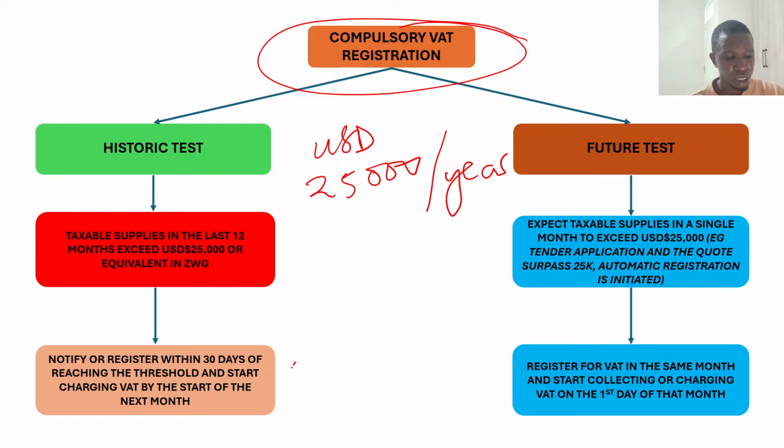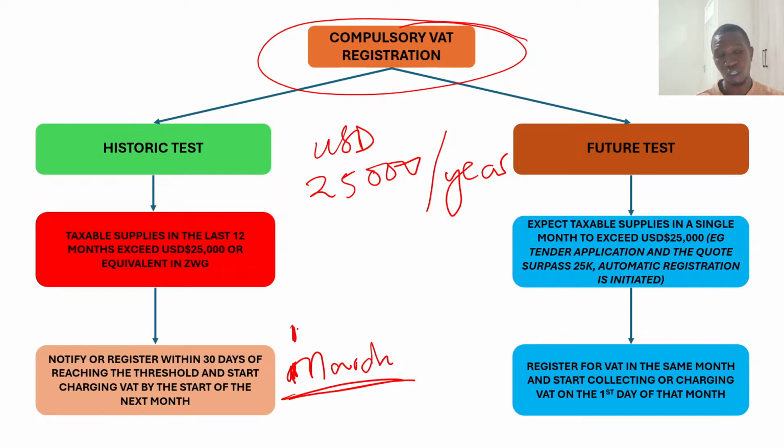VAT assumes that you need to start collecting VAT on the first day of the month. Let's say you register in March. They would say that you should start collecting on 1 March.